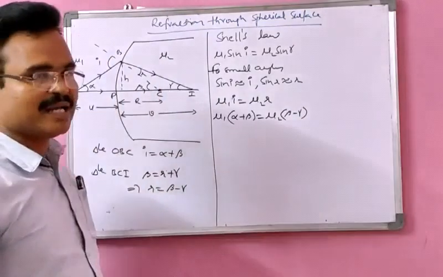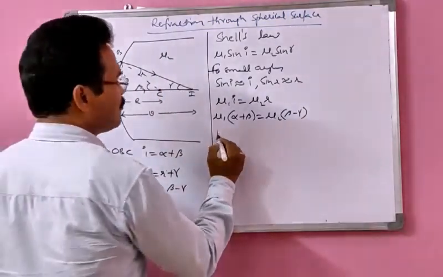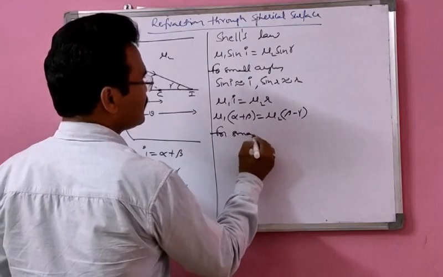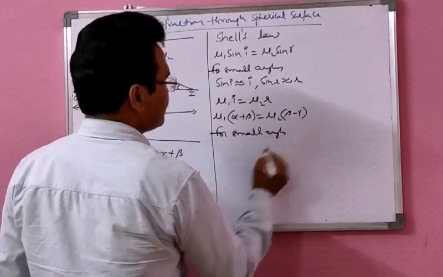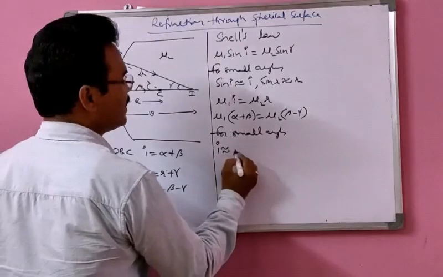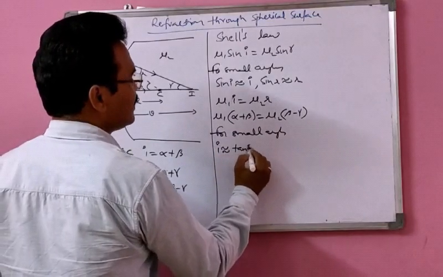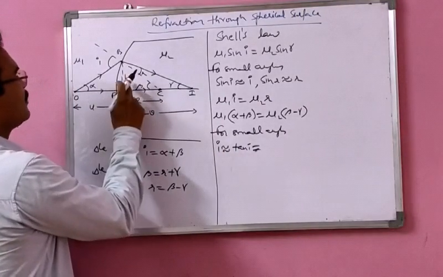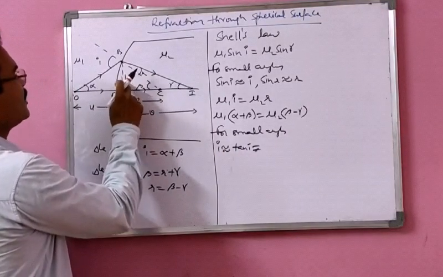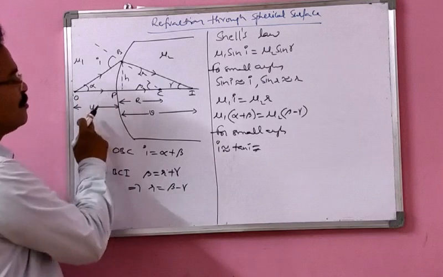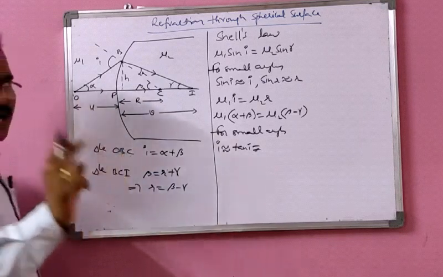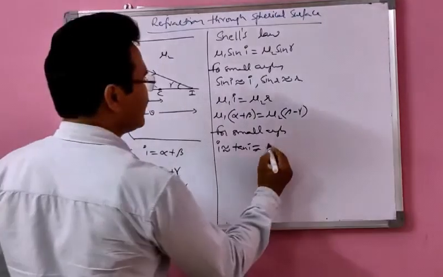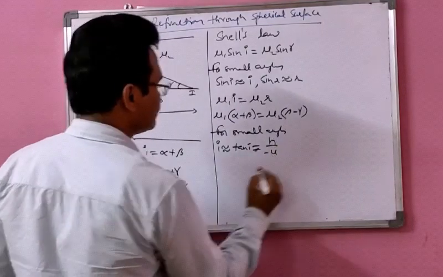Again, for small angles, alpha is approximately equal to tan alpha. Tan alpha equals h by u, but u is negative as per the sign convention, so I can write h by minus u.